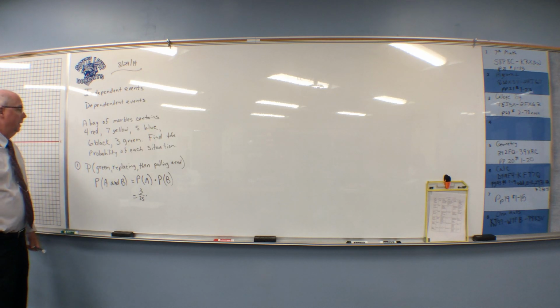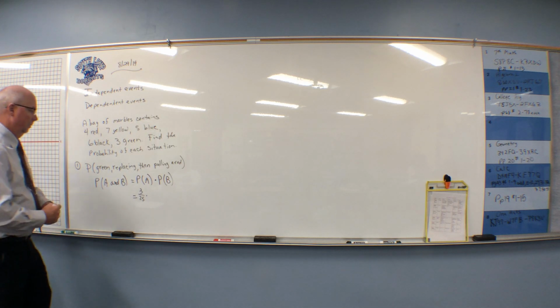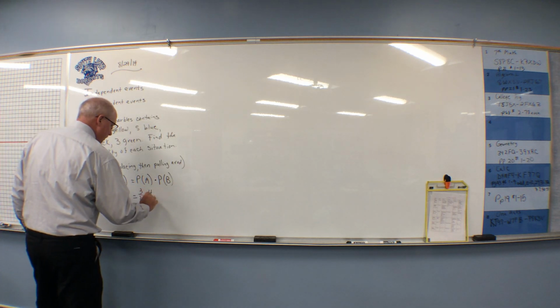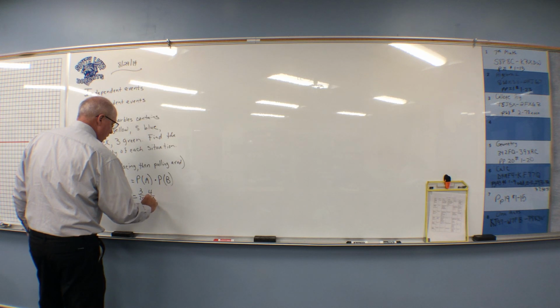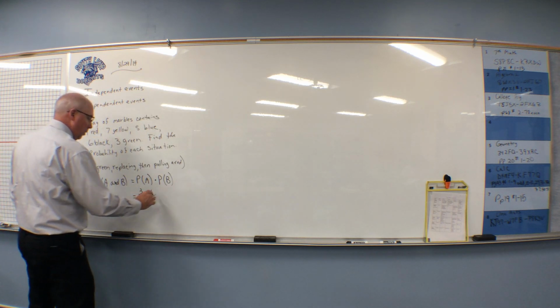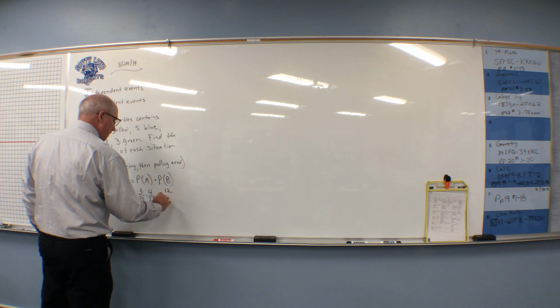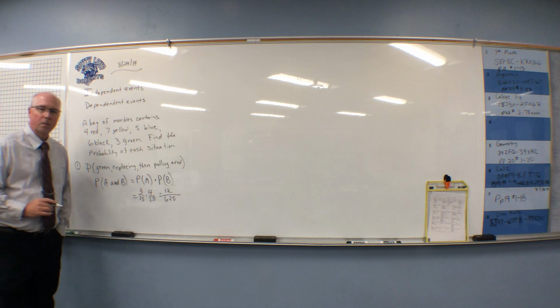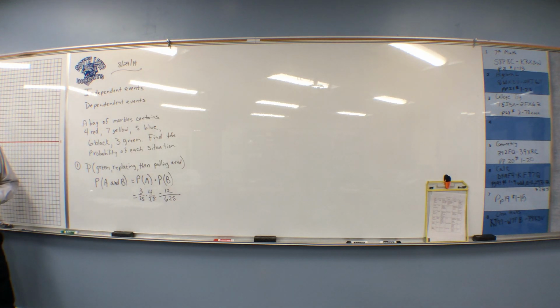What's the probability, Emily, of pulling out a red? 4 over 25. 4 over 25. And I don't believe we can cross cancel. So on the top I have 12, on the bottom I believe 625. Is that true? 25 times 25? Yes. Okay. All right.